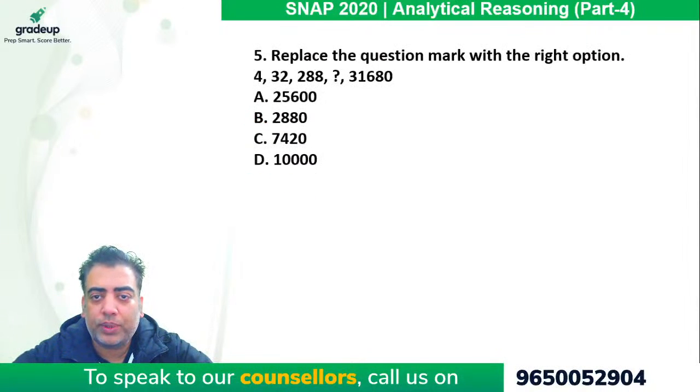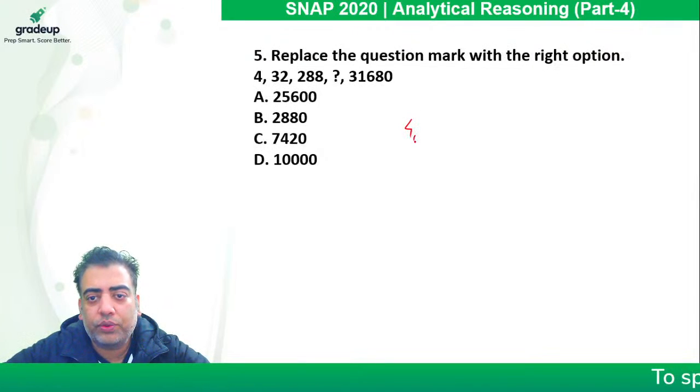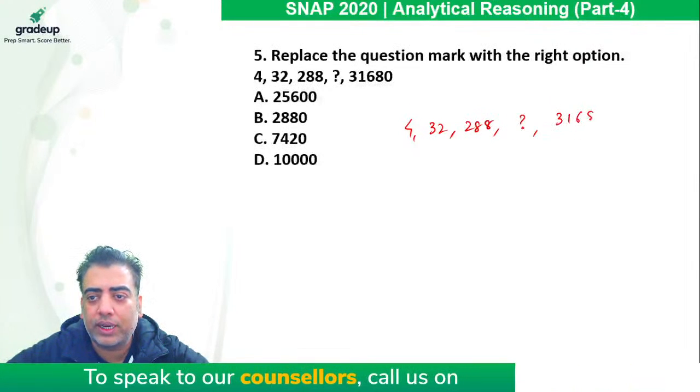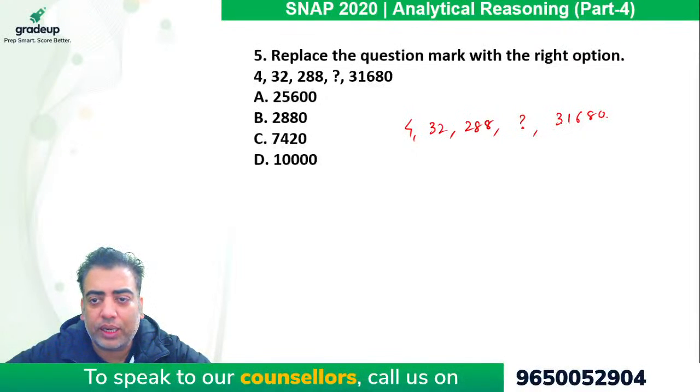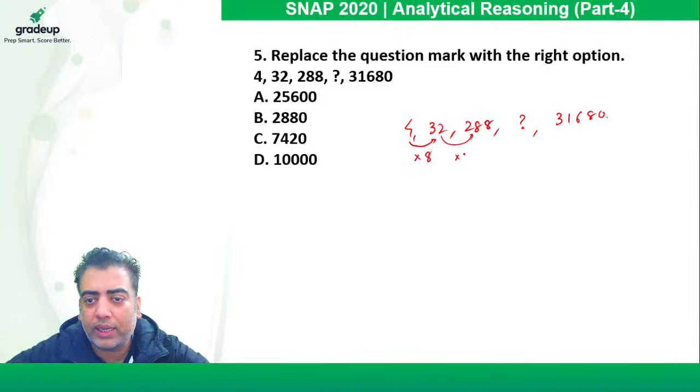Here it says replace the question mark with the right option. So we have 432, 288, then question mark and then 31680. Because the value is increasing at a very fast pace, we can observe here the value is getting 8 times. Here the value is getting 9 times.